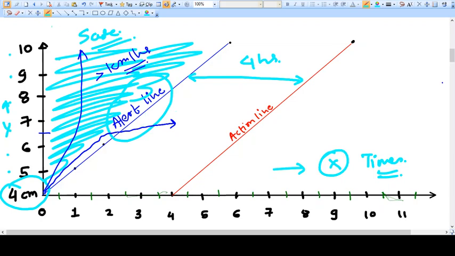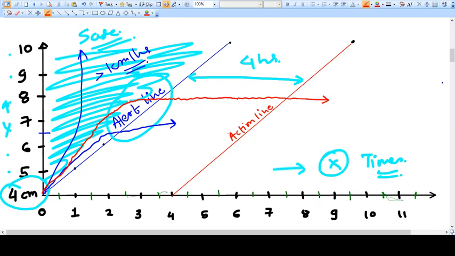If any labor crosses the alert line, for example this labor is progressing with more than 1 centimeter per hour dilatation rate, but when it reached 8 centimeter it just stopped, it crossed the alert line, the cervical dilatation is halted, and after 4 hours it crosses the action line also.